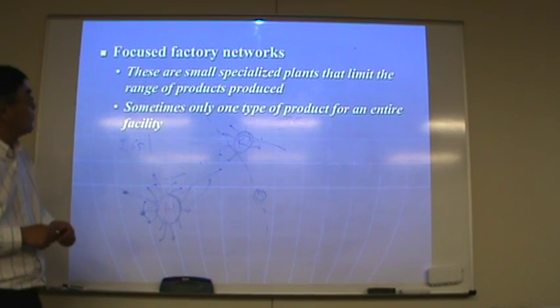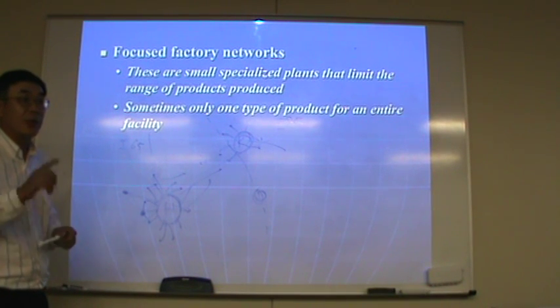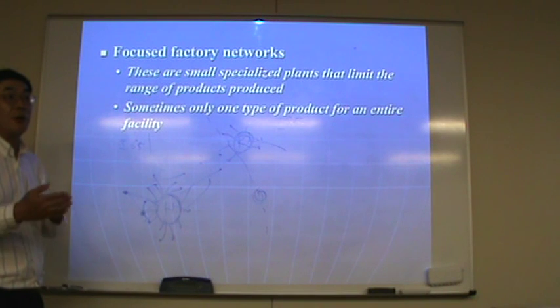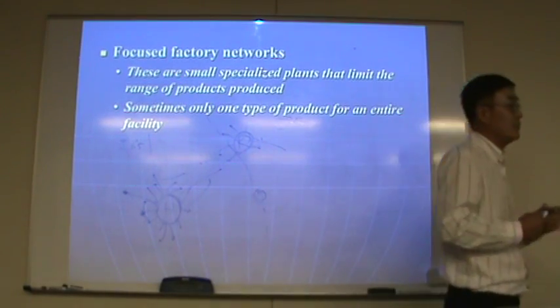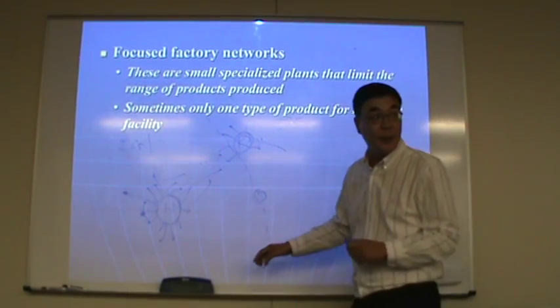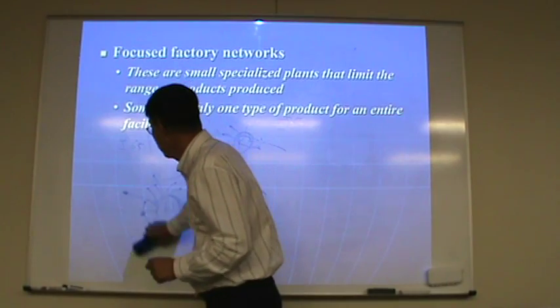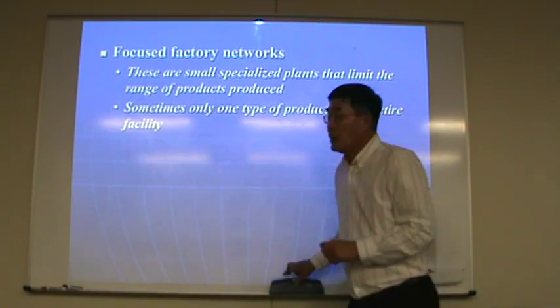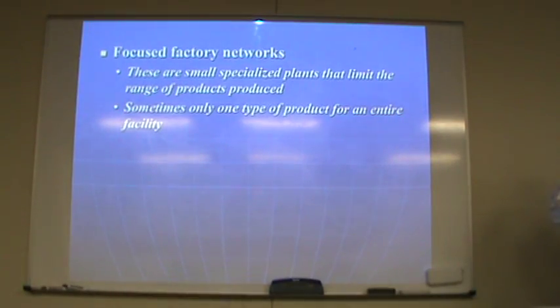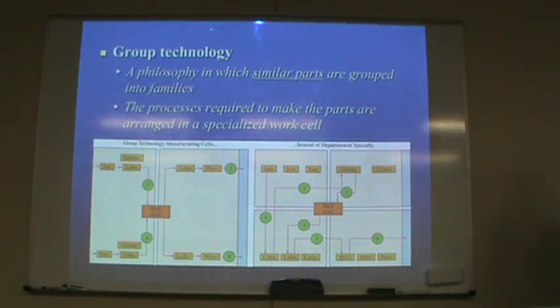So using this focused factory network, they eliminate unnecessary time, waiting time, lead time, and so on. Right? This is one of the methods to eliminate unnecessary things, waste. And next one, group technology.